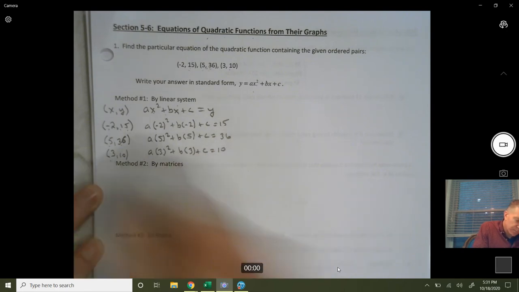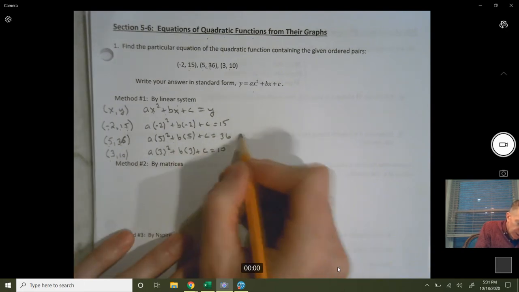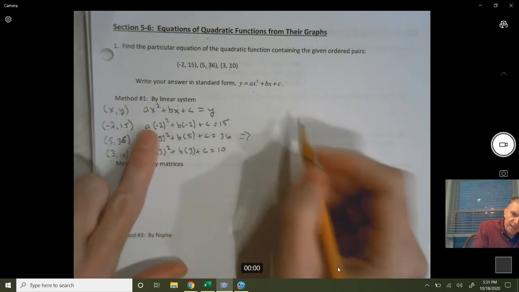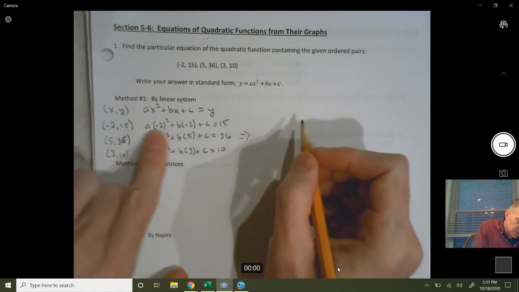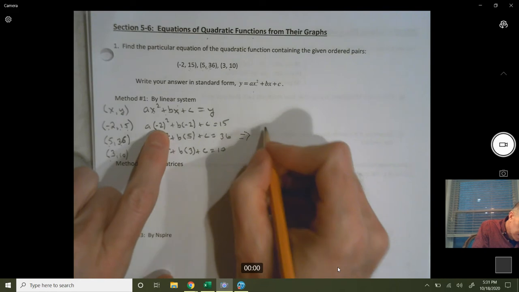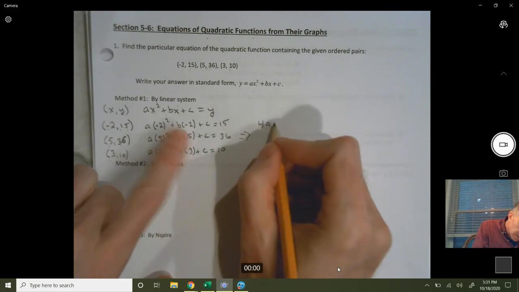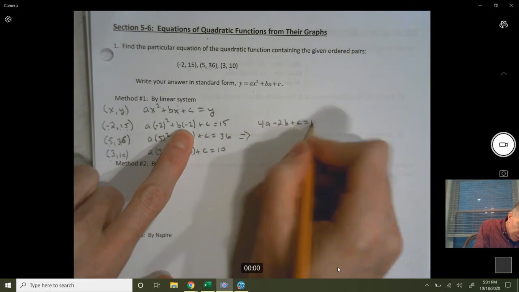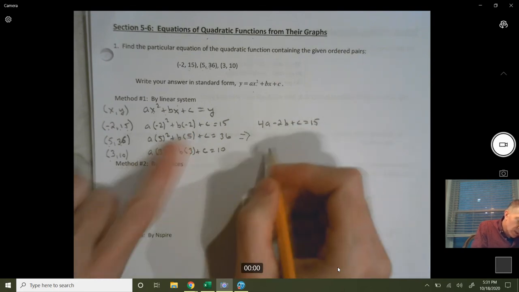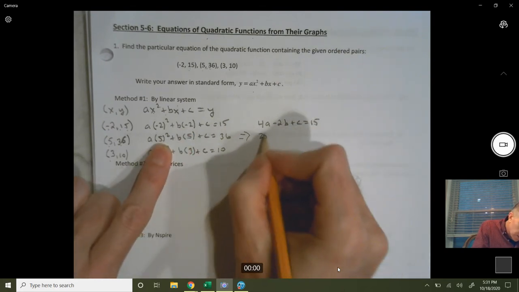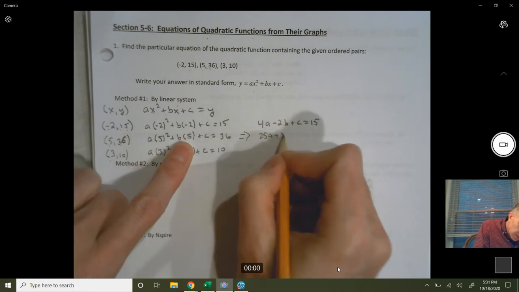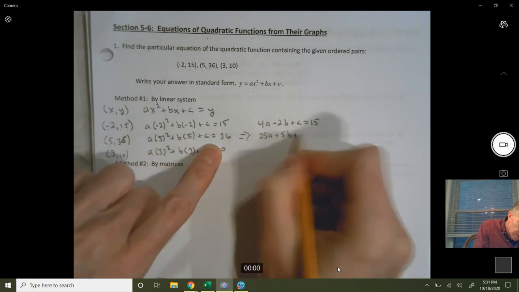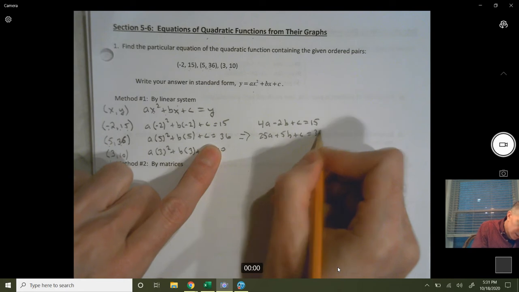Now simplifying all 3 of these, I get 4a minus 2b plus c is equal to 15. 25a plus 5b plus c is equal to 36.